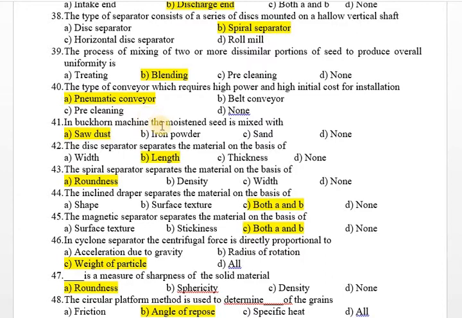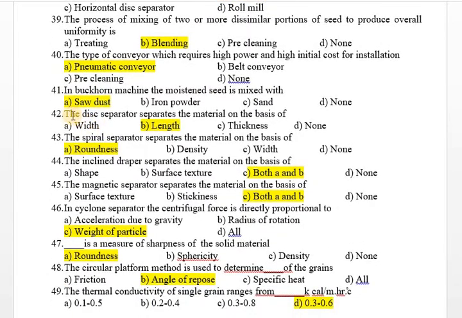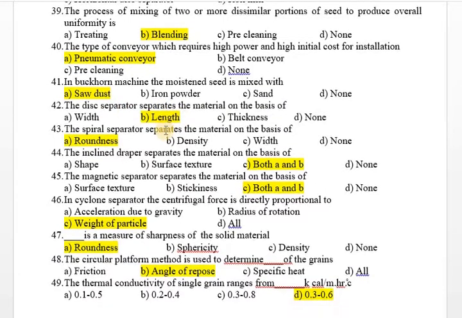In the buckhorn machine, the moistened seed is mixed with sawdust, not iron powder and sand. The disc separator separates the seeds by length.